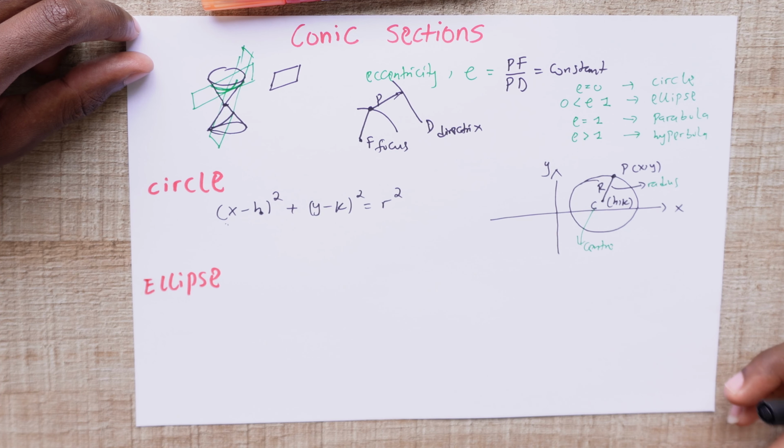So it has as Cartesian equation x minus h squared all over a squared plus y minus k squared all over b squared equals 1.